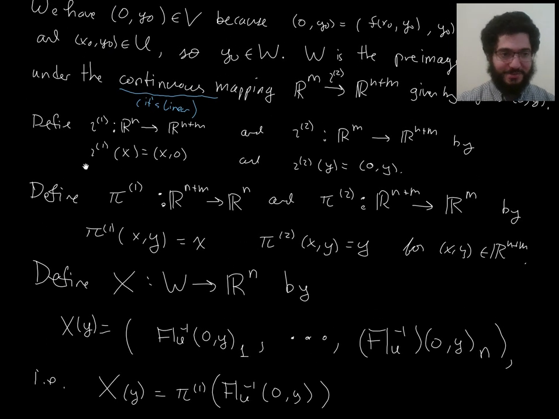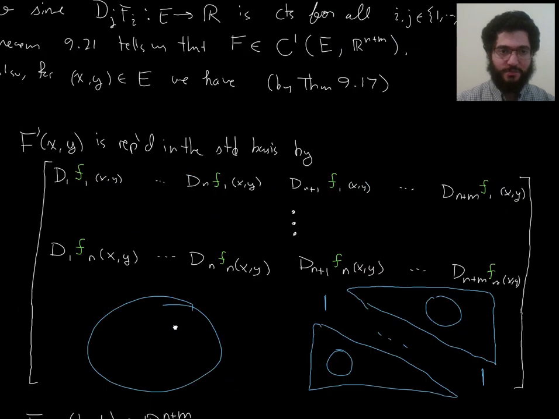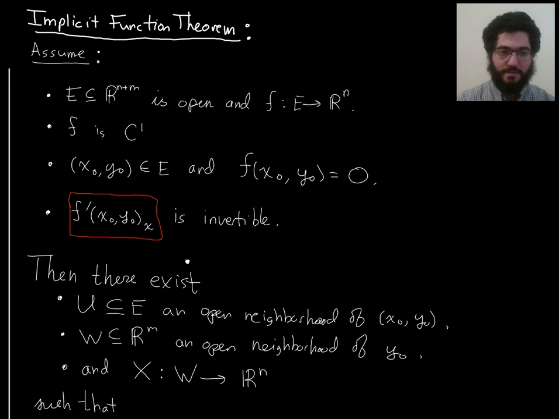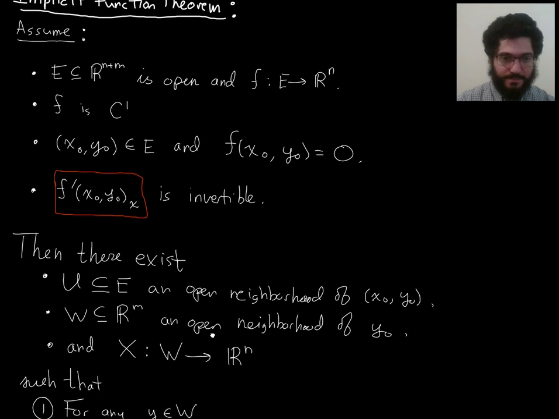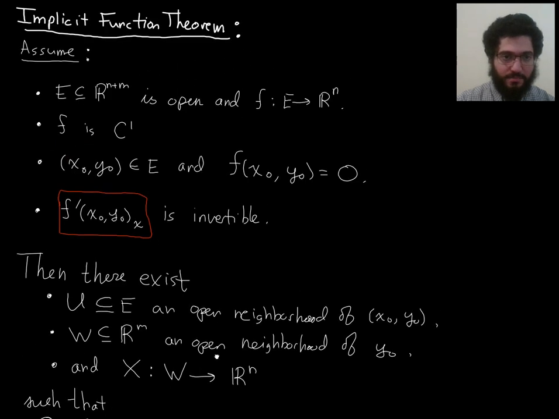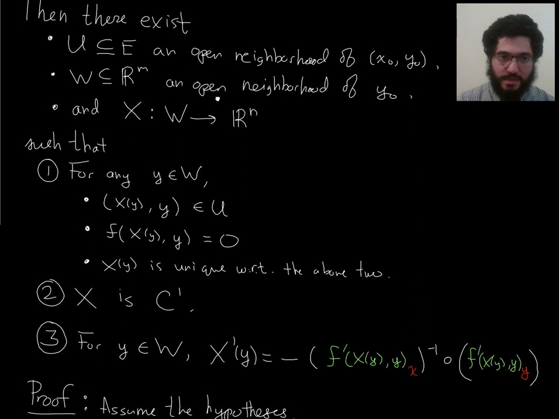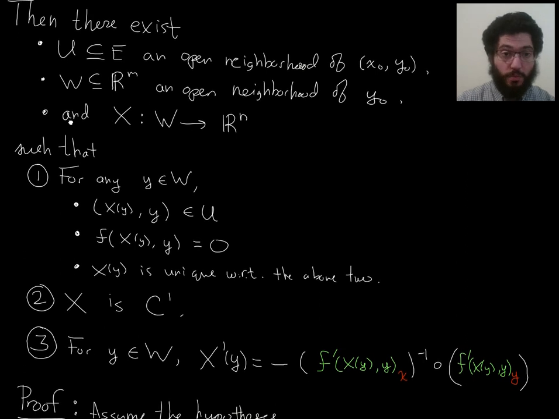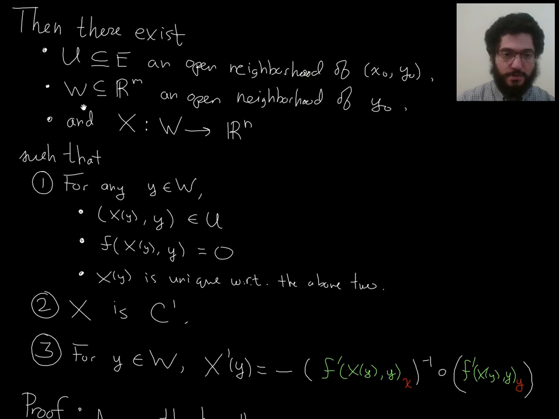Okay, great. Let's summarize where we stand now. Here is my implicit function theorem statement. I made all of these assumptions. Then we have now verified that there exist U and W, open neighborhoods of what they need to be open neighborhoods of, and defined X. What we need to do now that we've defined U, W, and X is prove all this junk here.